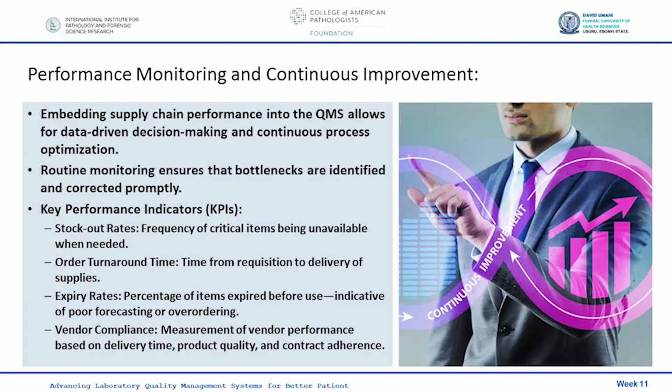So let's look at the key performance indicators here. Number one will be the stockout rates. Frequency of critical items being unavailable when needed. It is a key performance indicator, something to look out for. What is the rate of the stockouts?